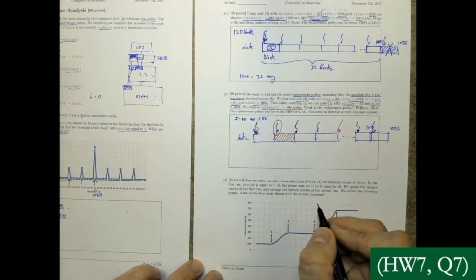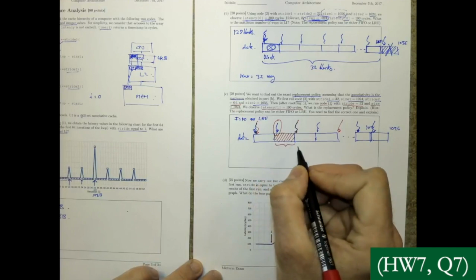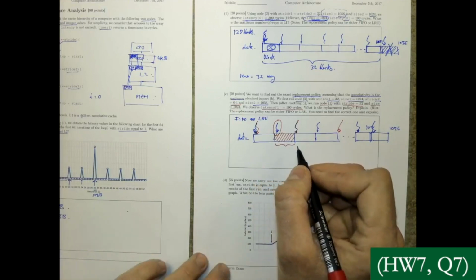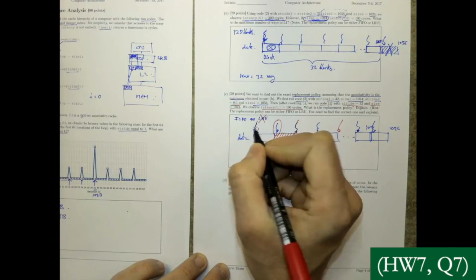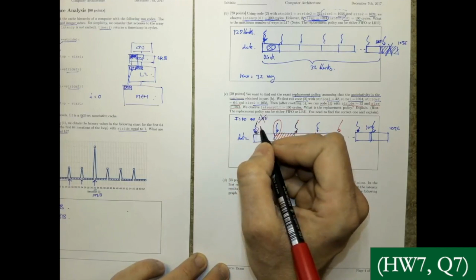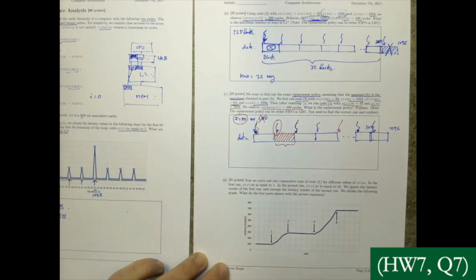So even though this cache block was not accessed in the second loop of code 2, it is still in the cache. So it has not been replaced. That's why we know that this cannot be LRU, because if it were LRU, it would have been replaced, and the replacement policy is FIFO. Is that okay? Okay.